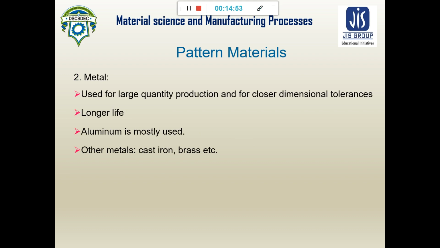Now the next type of pattern material is metal. Metal is used for large quantity production, for closer dimensional tolerances and longer life. Closer dimensional tolerance means the dimension is very close to our desired part, and that is possible only in the case of metal.